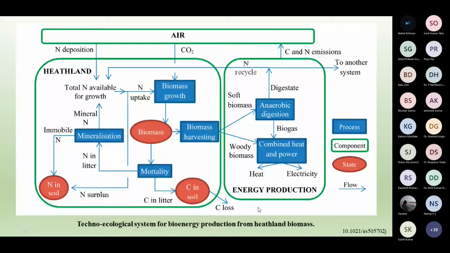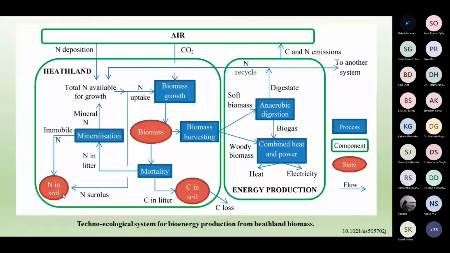So here you see the techno-ecological system for bioenergy production from heathland biomass. You can see the schematics of growing the biomass and harvesting the biomass. Then what is the mortality of biomass? So how much carbon is growing in the soil, which is lost from the litter.